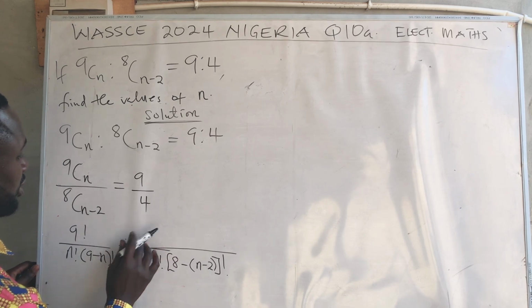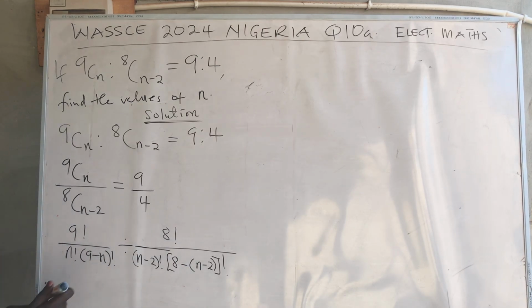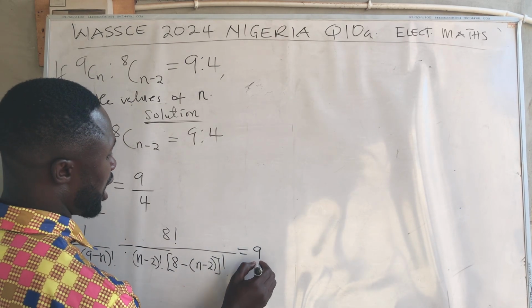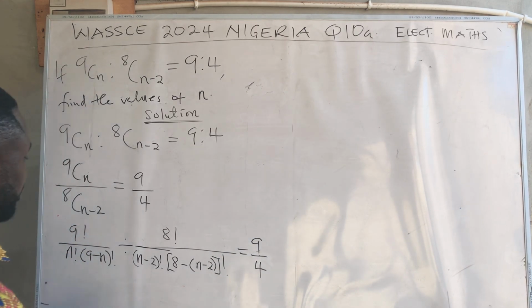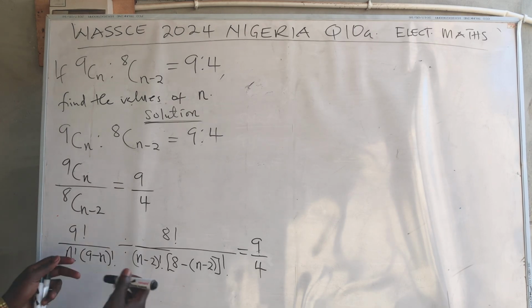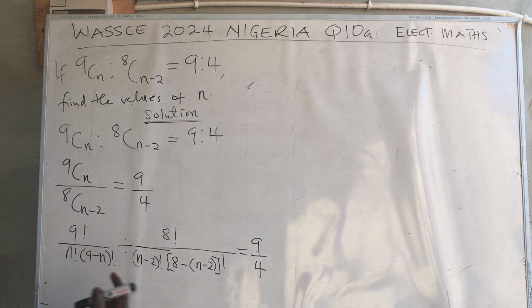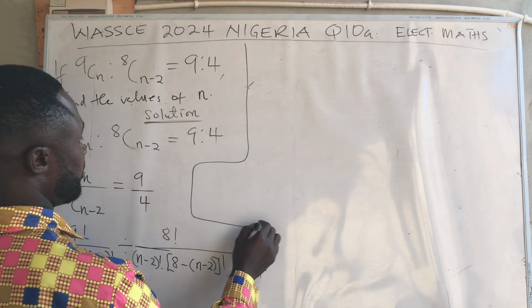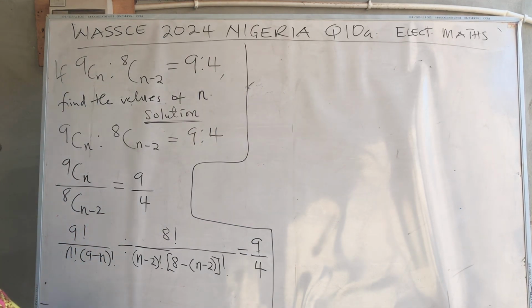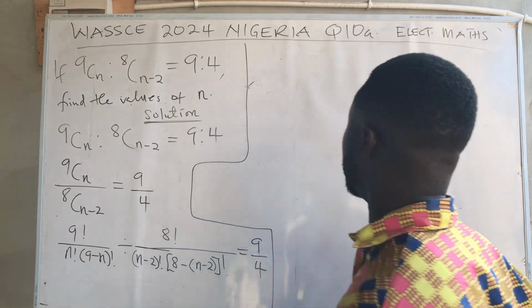So we have this also all factorial equal to what? 9 divided by 4. Okay, so let's rewrite it. Let's multiply and then we reciprocate. The question will be quite lengthy, so let's come to this side.